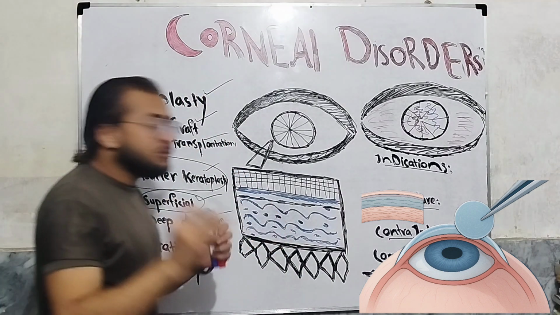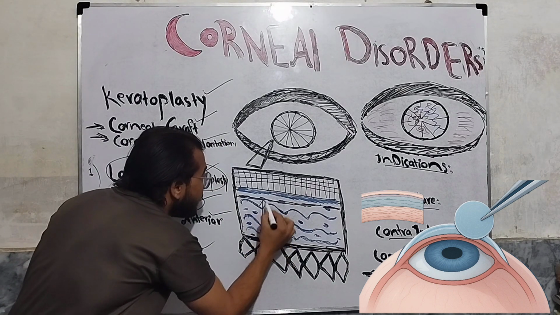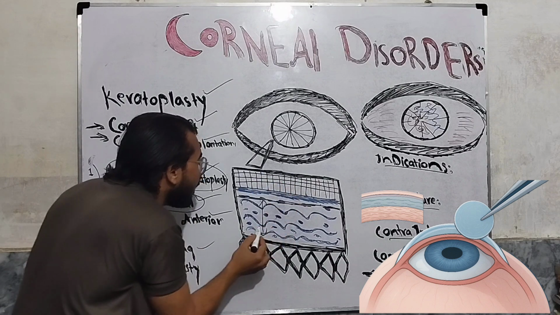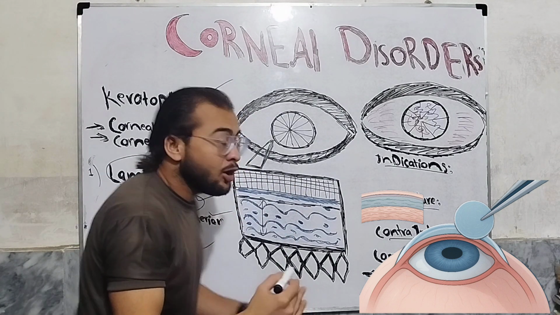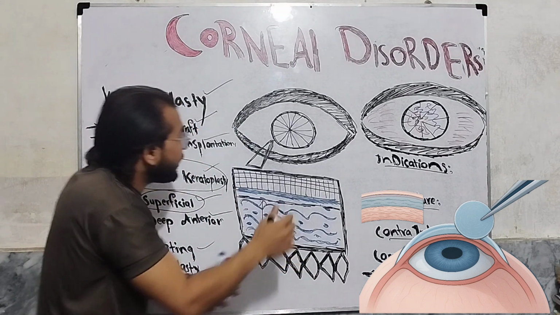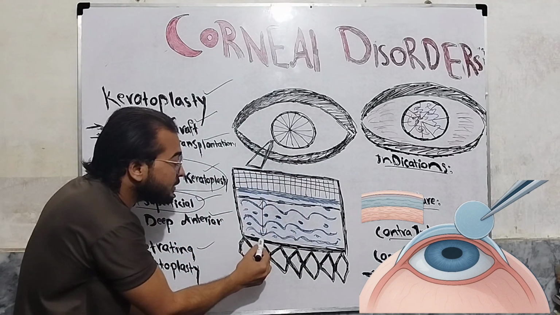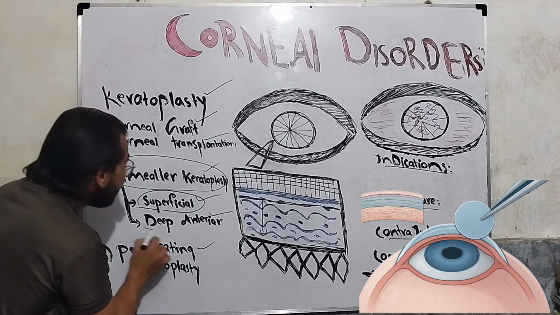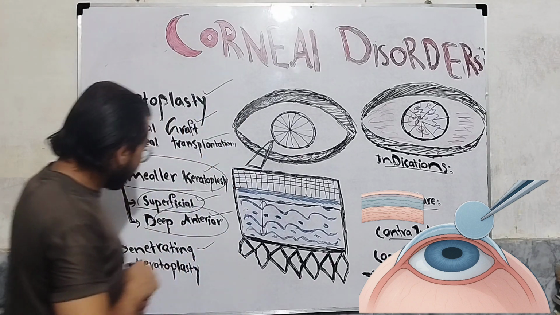With any pathology or disease involving the deep stroma, we replace the whole layers up to the deep stroma, meaning up to the Descemet membrane. When we replace these layers, this is called deep anterior lamellar keratoplasty.